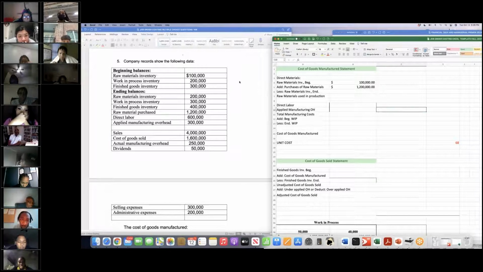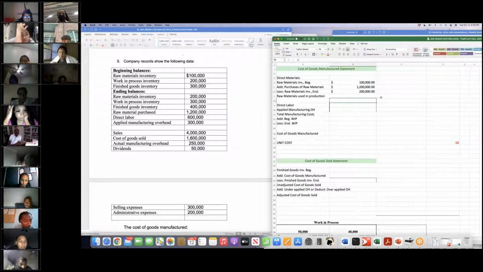$200,000 for the raw material inventory, ending raw material. That's correct. 200,000. So what's the raw materials used in production?